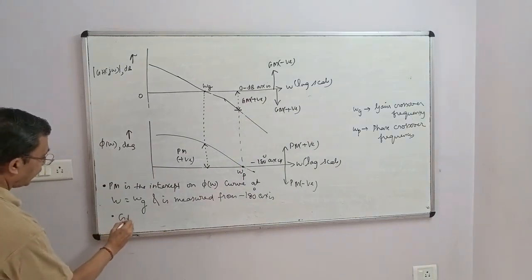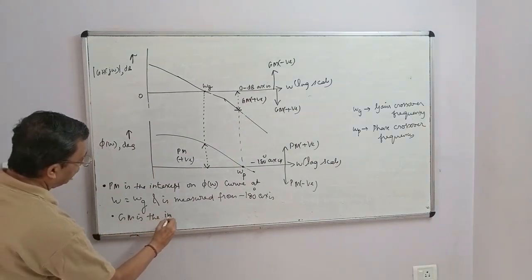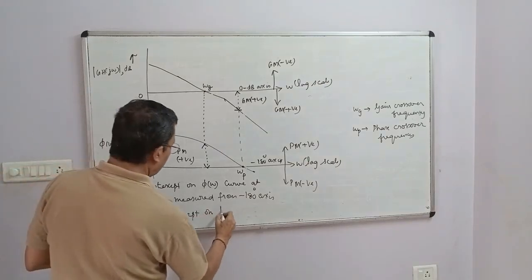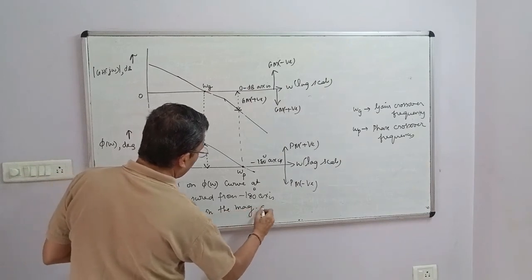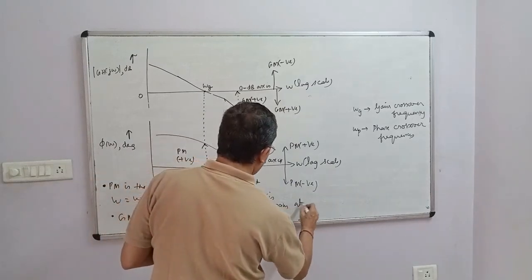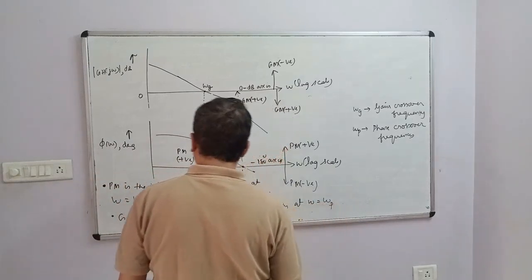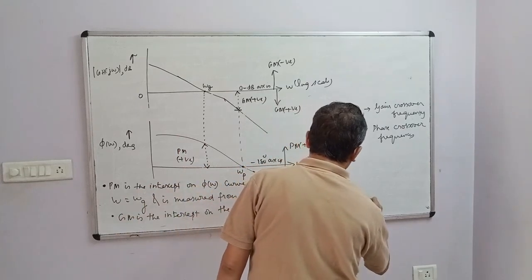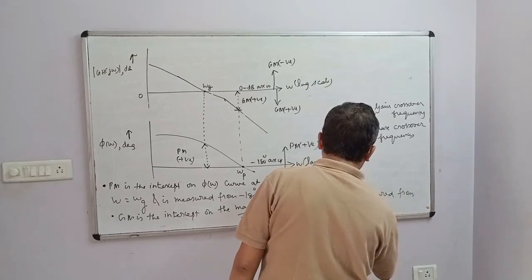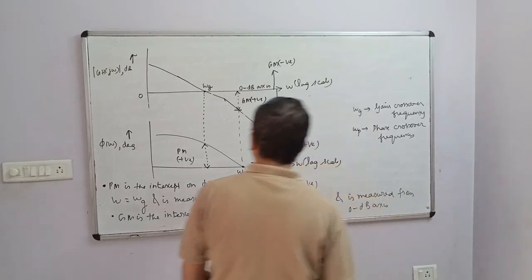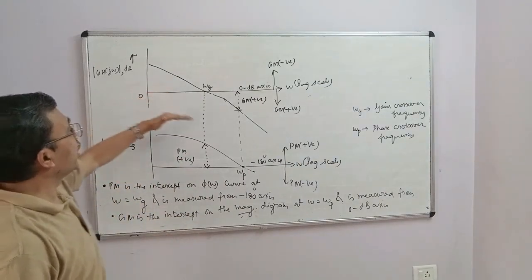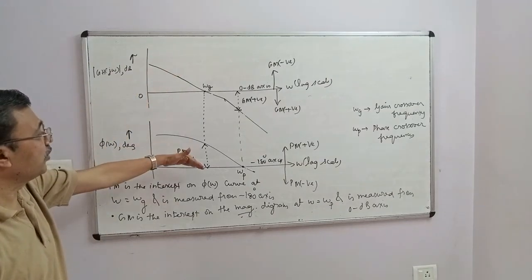So gain margin is the intercept on the magnitude diagram at omega equal to omega p, and is measured from 0 dB axis. So gain margin is negative above 0 dB axis, positive below 0 dB axis.